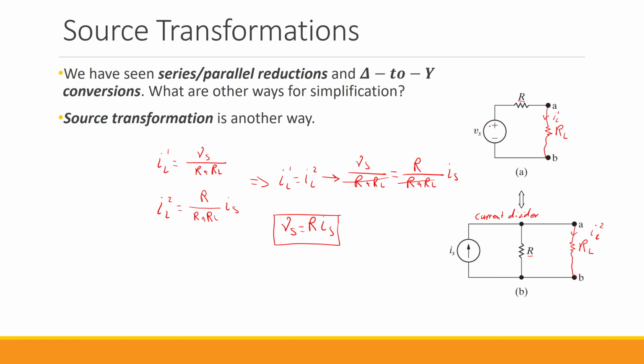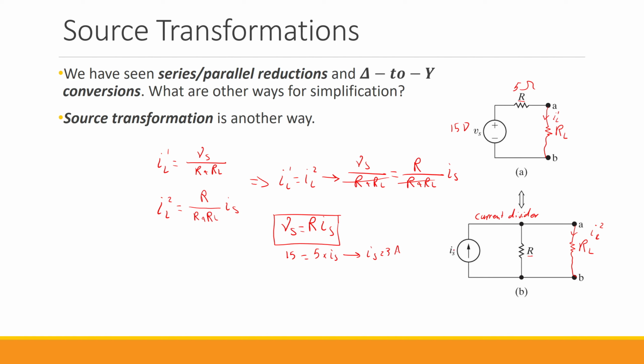Let's put some numbers. Assume we have Vs to be 15 volts and R to be 5 ohms. So we have a 15 volt voltage source in series with a 5 ohm resistor. What is the equivalent circuit after doing the source transformation? If Vs is 15 and R is 5, that makes Is 3 amps.